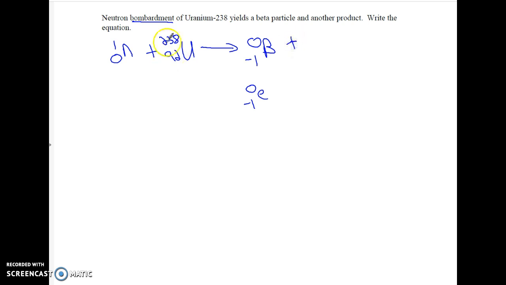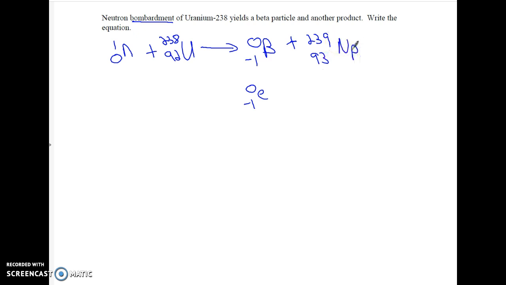So 238 plus 1 is 239. You're not getting any mass from the beta particle, so this product has to have all of that 239. You have a 92 as the atomic number on the left. You have a negative 1 here. So what added to negative 1 gives you 92? It has to be 93, which ends up being neptunium.